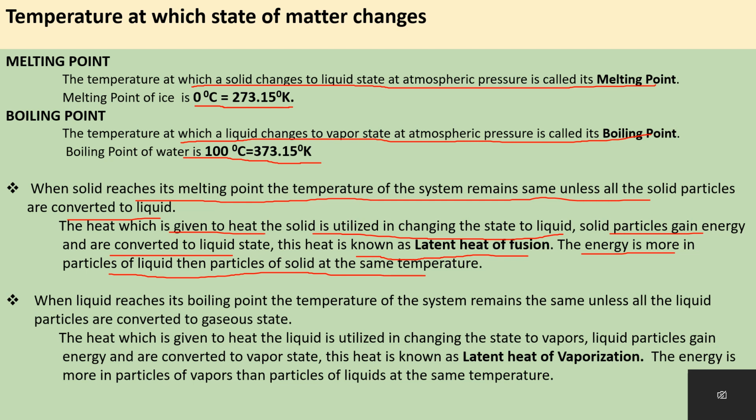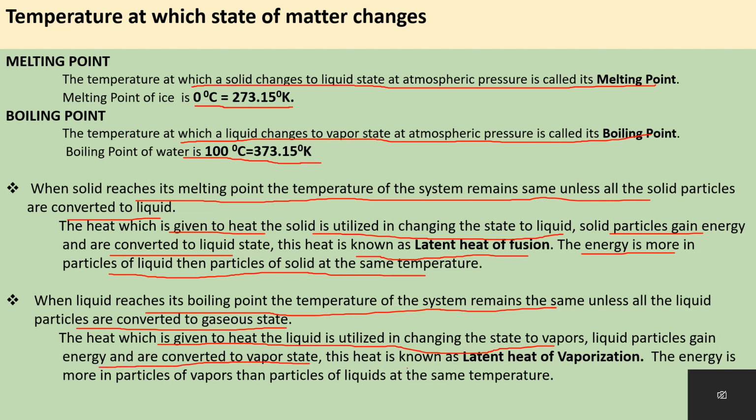Similarly, when liquid reaches its boiling point, the temperature of the system remains the same unless all the liquid particles are converted to gaseous state. The heat which is given to heat the liquid is here utilized in changing the state to vapors. Liquid particles gain energy and are converted to vapor state.